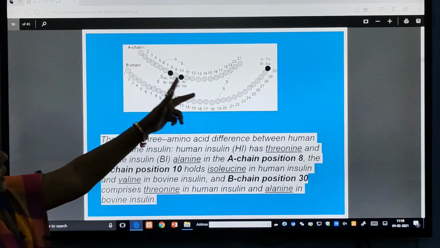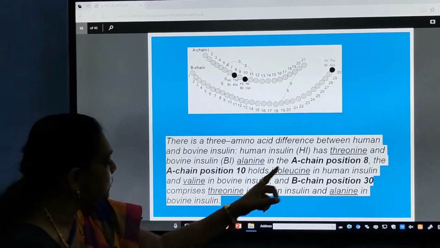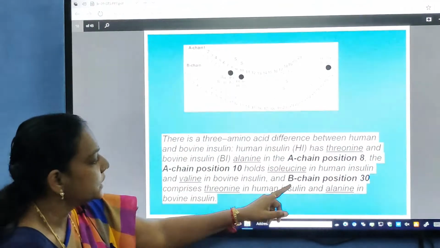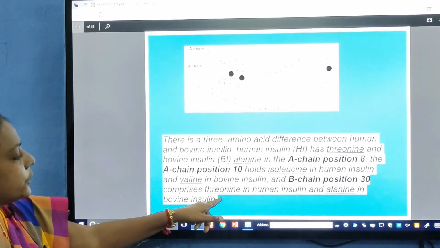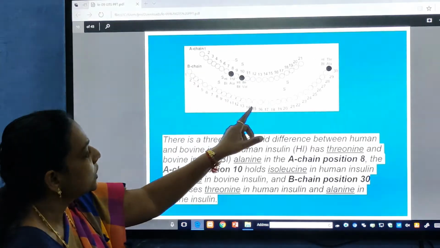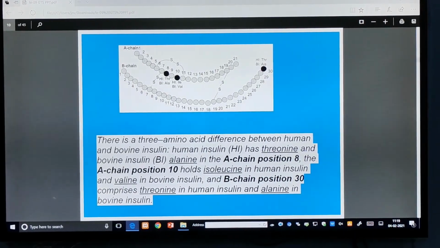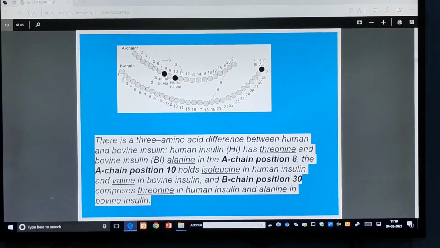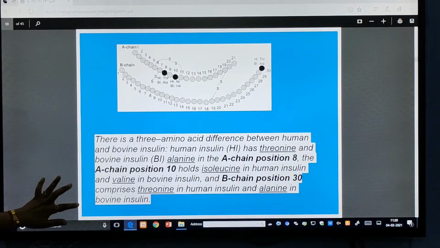Then the B chain in the 30th position has threonine in human and alanine in bovine. Like this, there are alternative changes which were found later, and they identified that this was the reason for the allergic action.